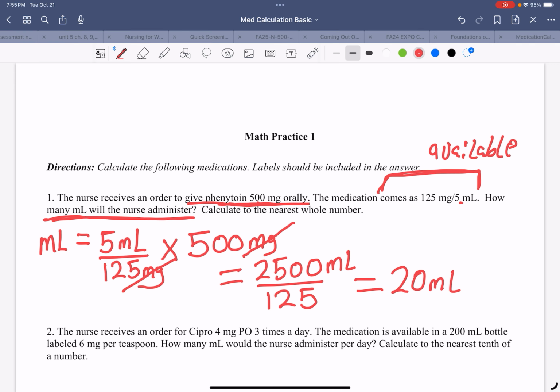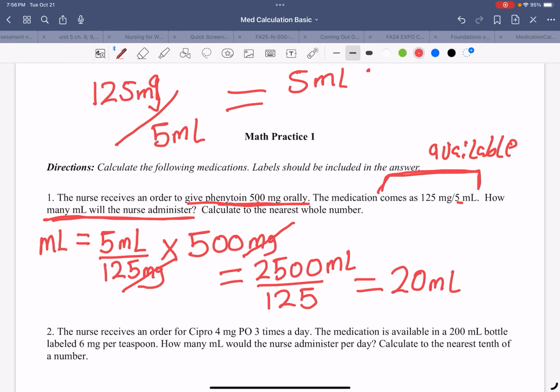And 4 times this will give me 500, and I know if I multiply this by 4, that will give me 20. So it does make sense. Especially think about this: 125 milligram per 5 milliliter is the same thing as saying, for every 5 milliliter, you have 125 milligram, when it comes to the interpretation of this. So that's why this makes sense.